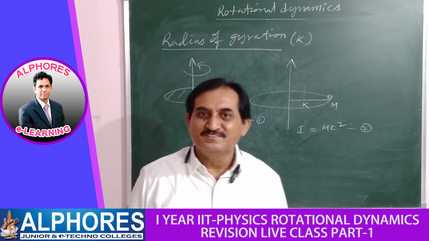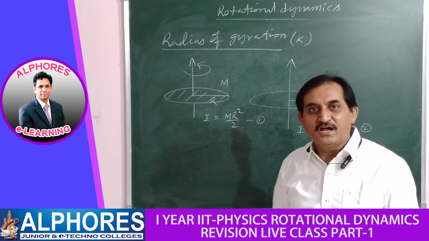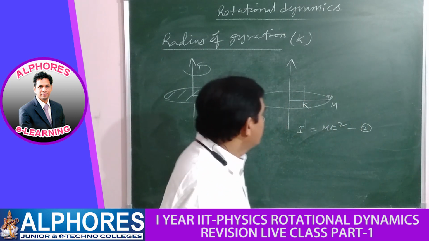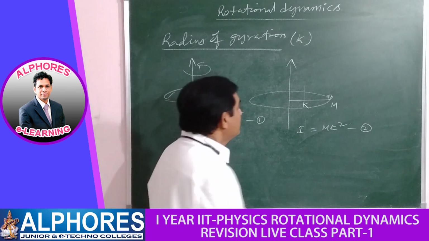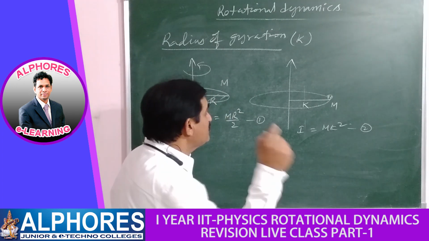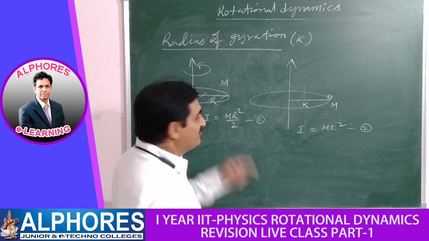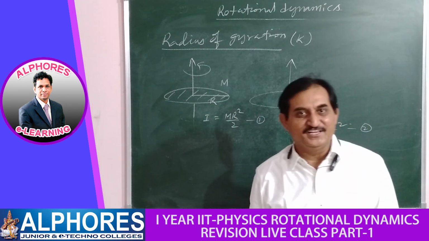I repeat once again: radius of gyration of a regular body about a fixed axis is defined as the effective distance from the axis of rotation where the whole mass of the body is supposed to be concentrated so as to have the same moment of inertia as this object. This is radius of gyration.